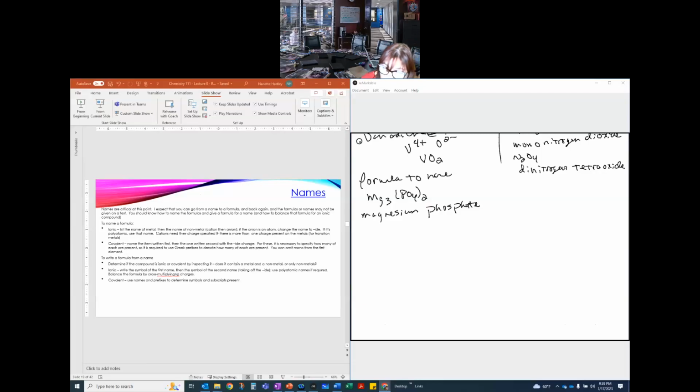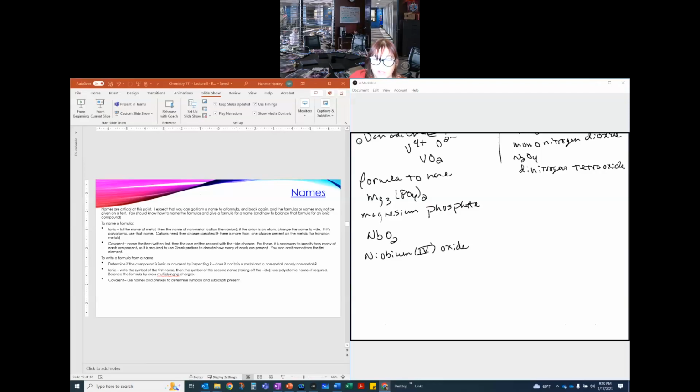The only time it gets weird, again, is if I'm looking at something like NbO2. So Nb is niobium. I can tell from this that because there's 2 oxygens, which is a total of -4, then there must be a +4 charge on the niobium.